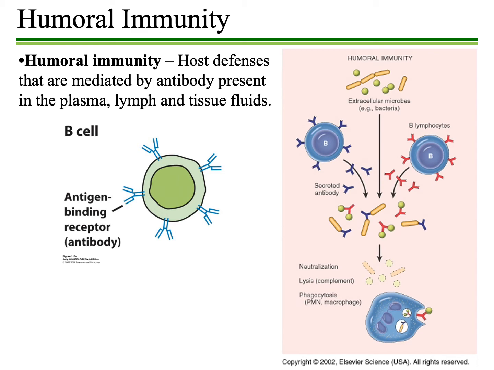The effector cells are known specifically as plasma cells, and their job is to produce soluble antibody, that is, antibody that can be secreted from the B cell and can travel through the plasma, the lymph, and be found in tissue fluids. It is those soluble antibodies that bind specifically to the antigen that triggered the differentiation in the first place.